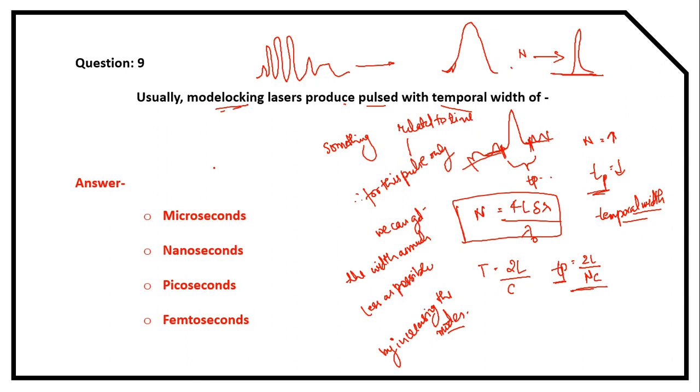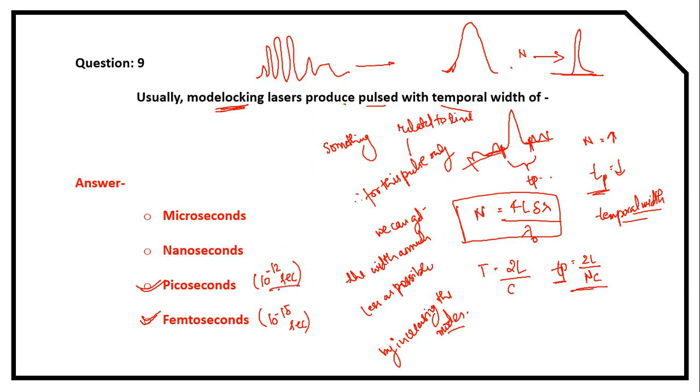On the application side, mode locking is used in lasers to get a pulse width in the order of femtoseconds and picoseconds, not nanoseconds and microseconds. A femtosecond is of the order of 10^-15 seconds, and a picosecond is of the order of 10^-12 seconds.